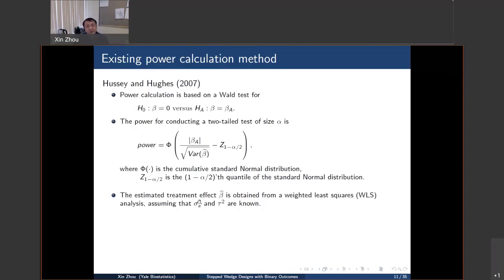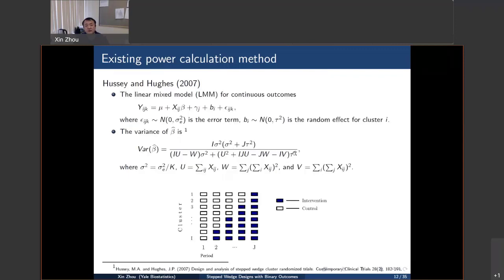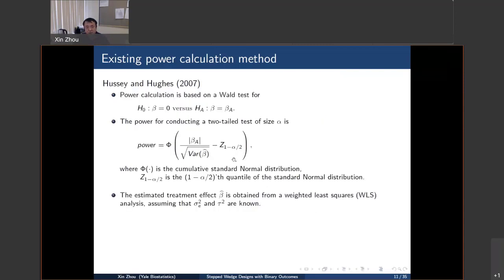The estimated treatment effect, beta hat, can be obtained from a weighted least squares method. Accordingly, the variance of beta hat can be computed by a closed form formula. This is the closed form formula for the variance of beta hat. When we have this variance, we can use the power calculation on the previous slide. Just use this formula to calculate the power.